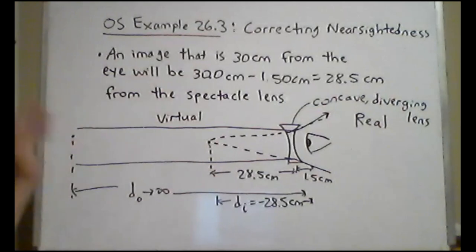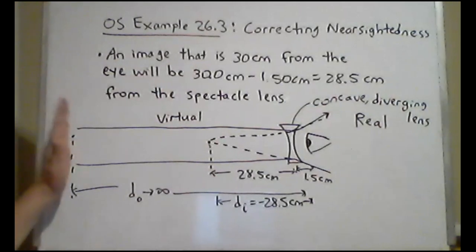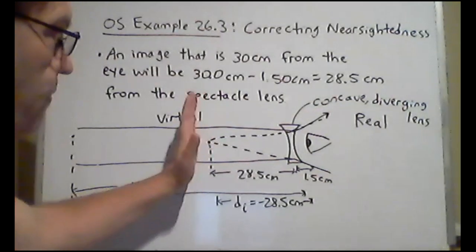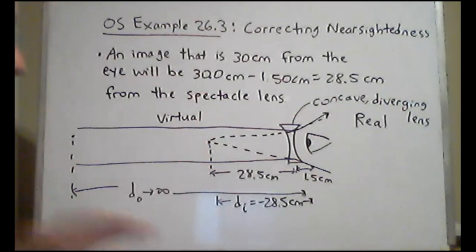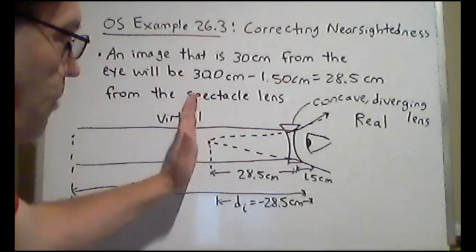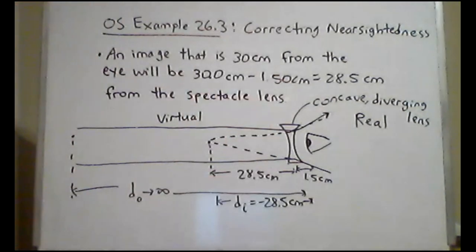You want objects that are really at infinity to have an image brought to your patient's far point, which is not the far point of most people, but your patient's far point happens to be 28.5 centimeters in front of his or her eyeglasses. And that's the name of the game here.